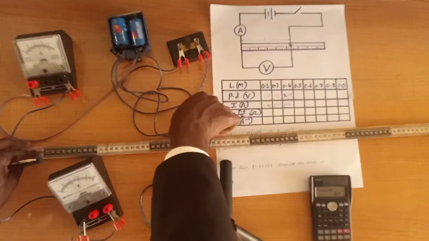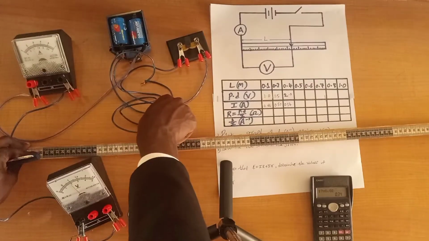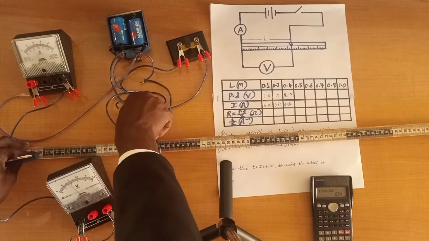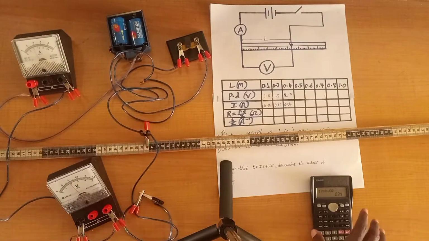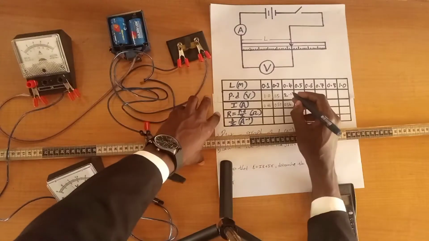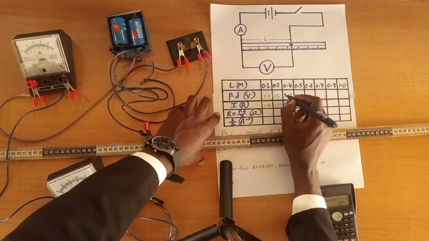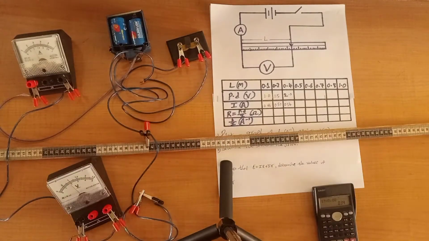So let's check again at 40. For the voltmeter at 40, we seem to have 1.9. Sorry, this is 1.9. Let's correct that. Maybe you can correct that.